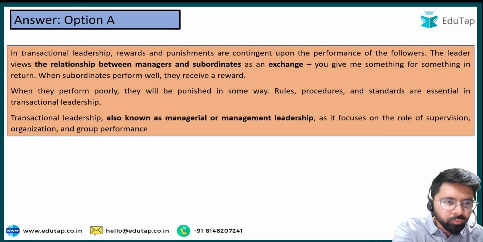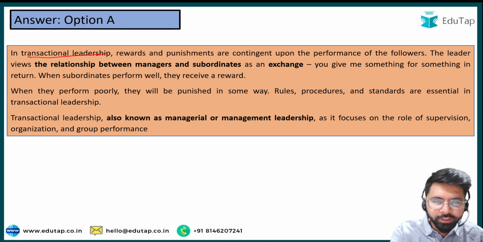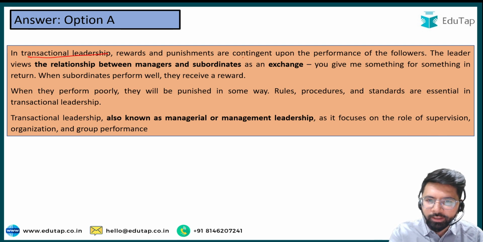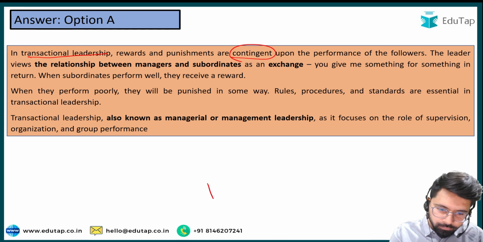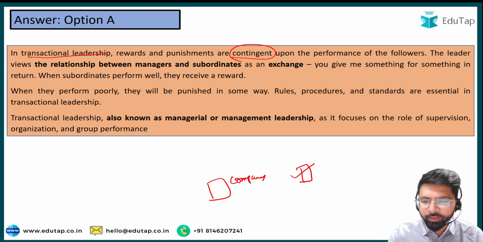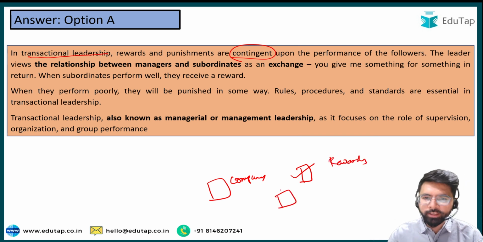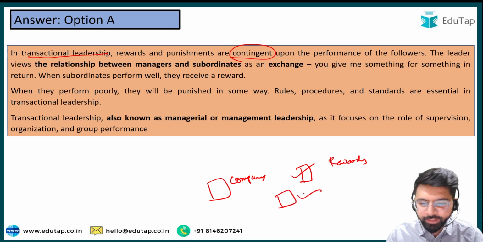So let us look at what exactly is this transactional leadership. See, in the transactional leadership, rewards and punishment are contingent upon performance of follower. For example, you are working in a company and you are given a particular task. If you are able to complete that within time and with efficiency, you would be provided with rewards. So the reward is contingent or is dependent upon you completing the task.